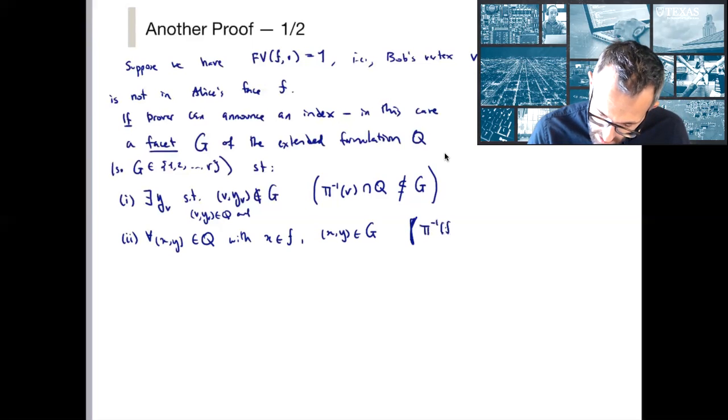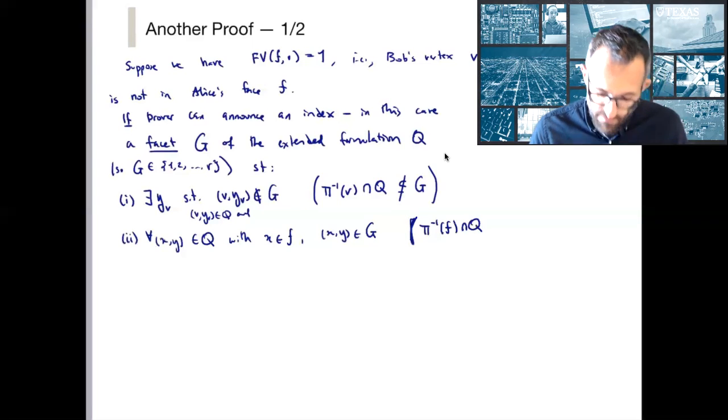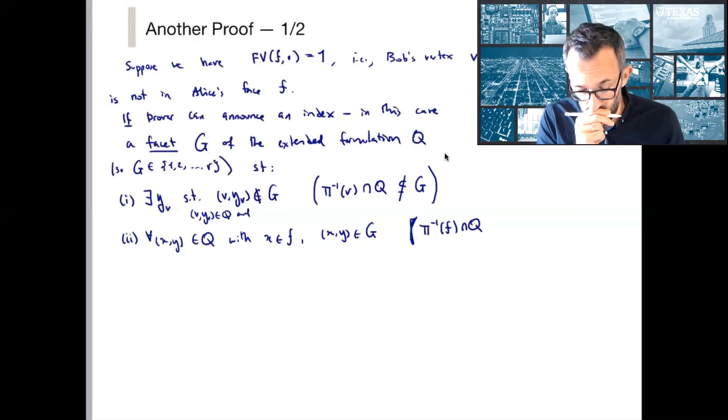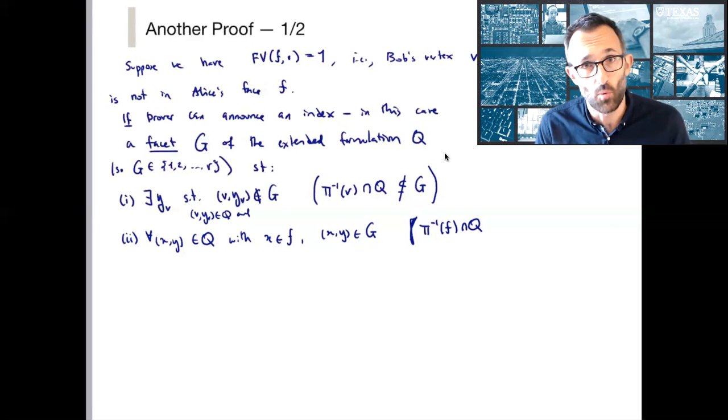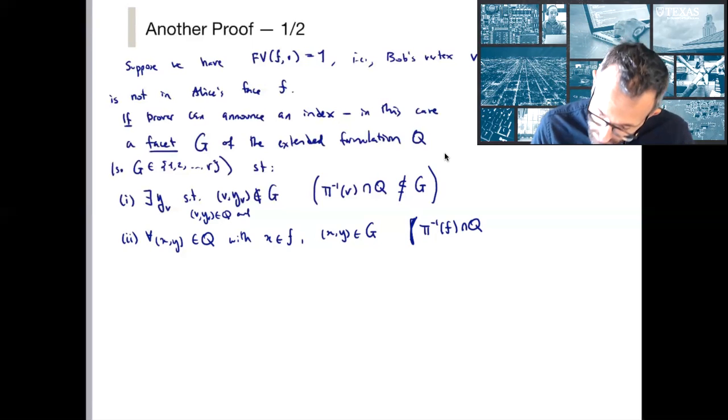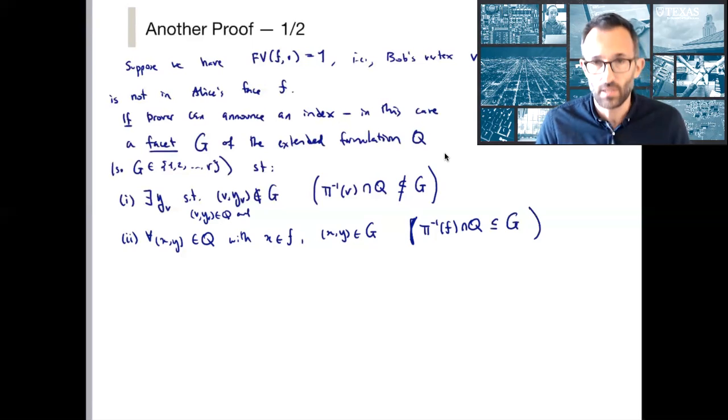Pi inverse of F intersect Q. So again, this is pi inverse of F intersect Q is any xy that projects back onto F. In our notation, any xy in Q such that x is in F has to be contained in G. So these are equivalent statements, what's in parentheses and what comes before.